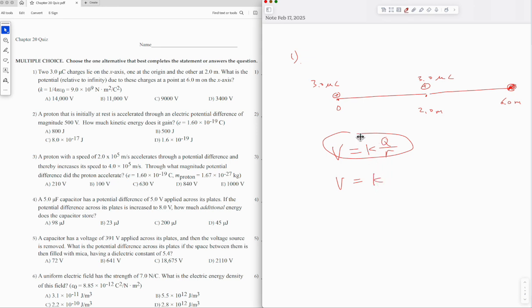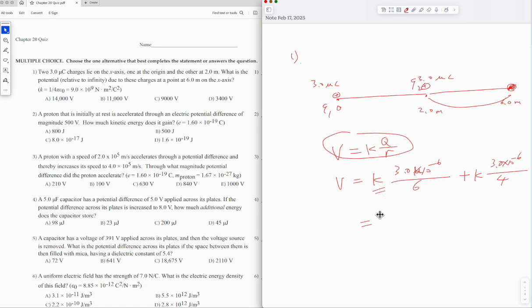The potential due to Q1 is K times 3.0 microcoulomb, times 10 to the negative 6, over the distance. This is 0, this is 6, so 6. And the potential due to the second charge is K times 3.0 times 10 to the negative 6 over the distance. What's the distance from here to here? 4 meters.